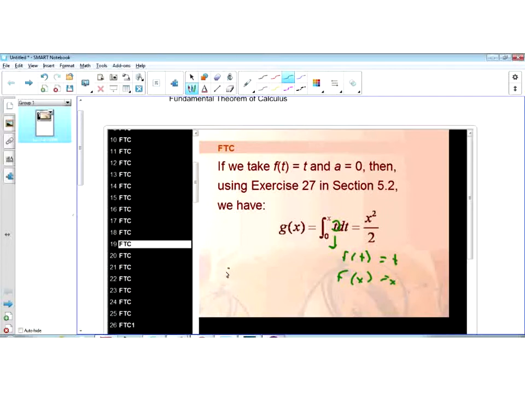And so g prime of x happens to equal f of x, which equals x. So notice that relationship for this particular function. g prime of x is equal to f of x.